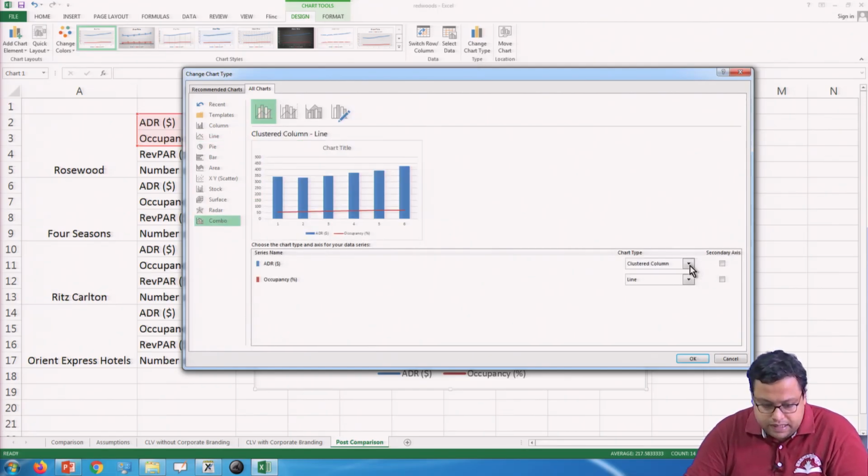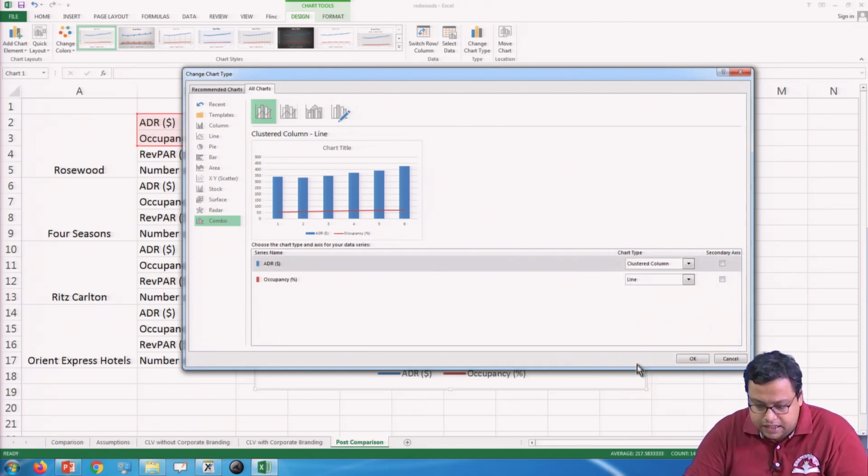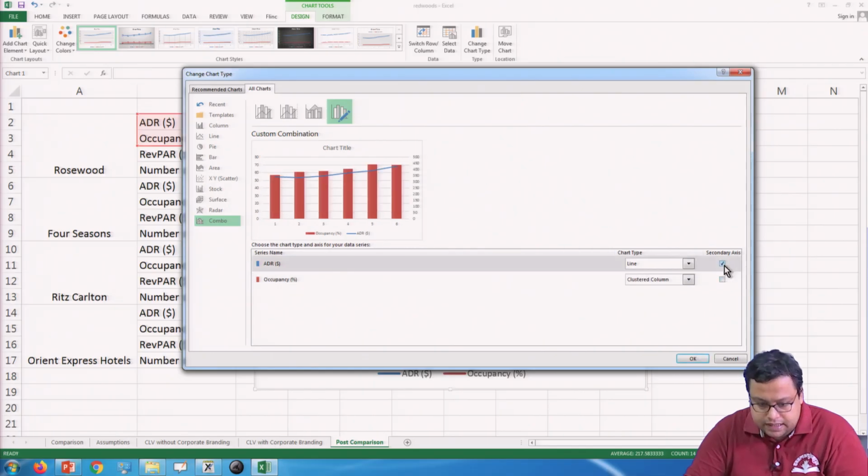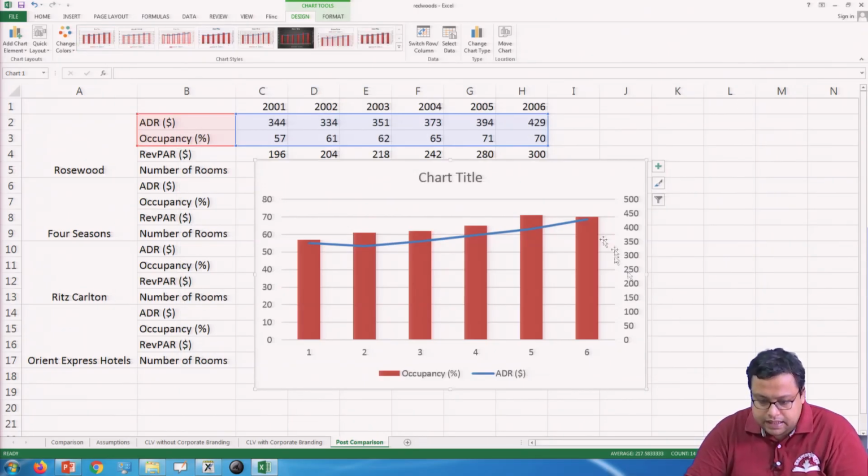So, okay, for occupancy and ADR, for ADR I will put a line chart and for occupancy rate I will put a bar chart, and ADR is a secondary axis. Okay. So, you see that I am doing this only for Rosewood.